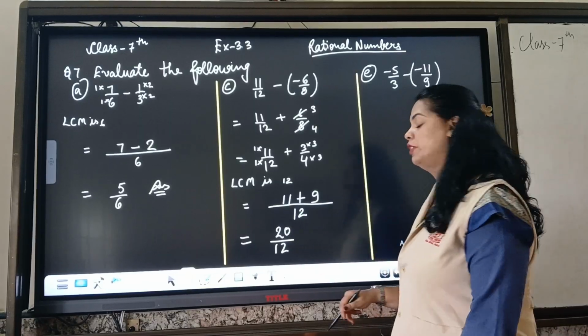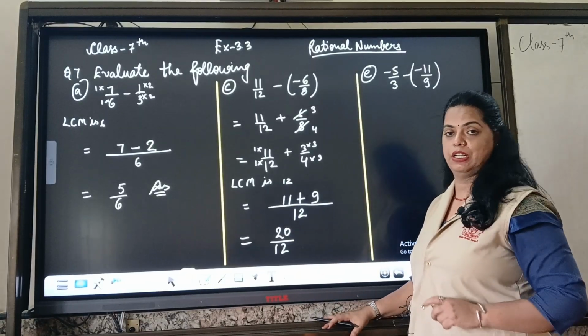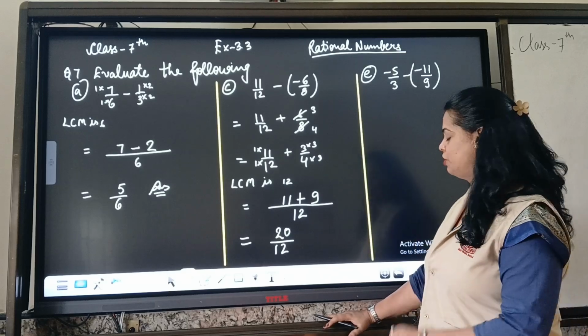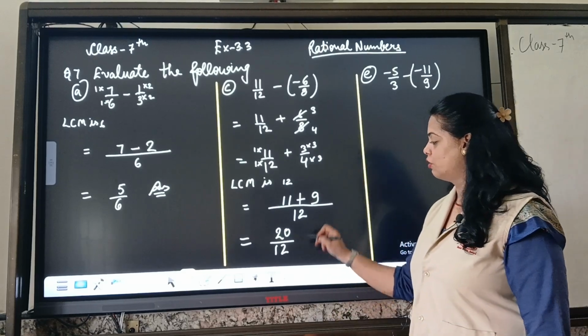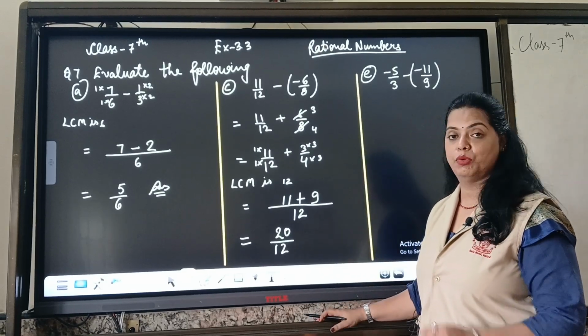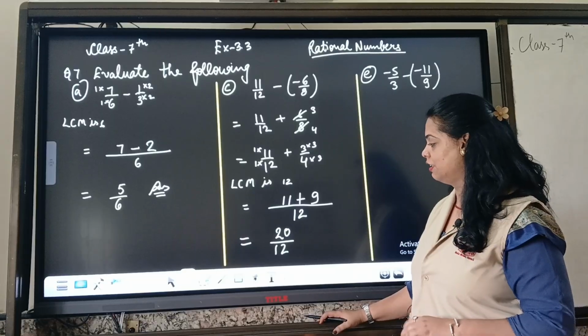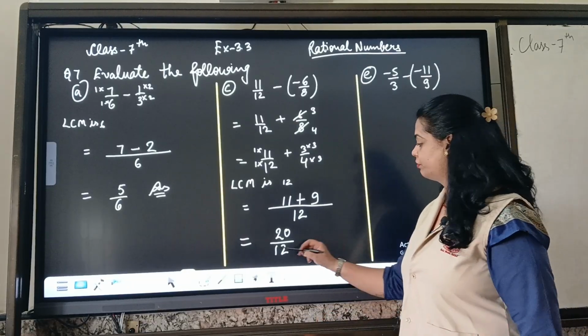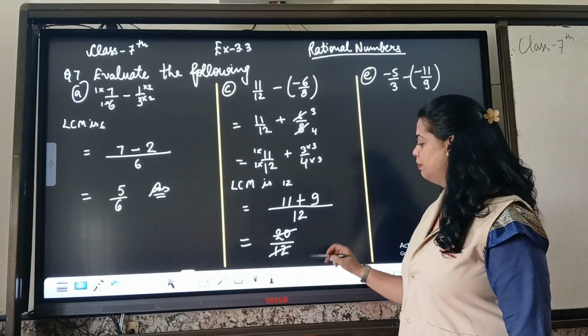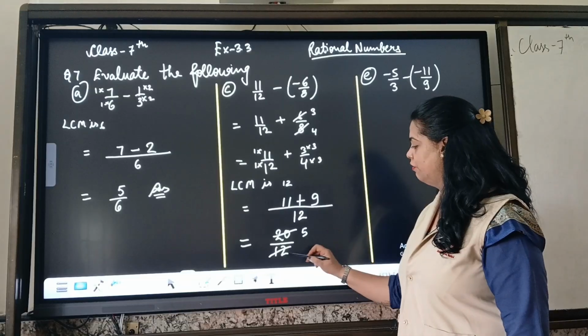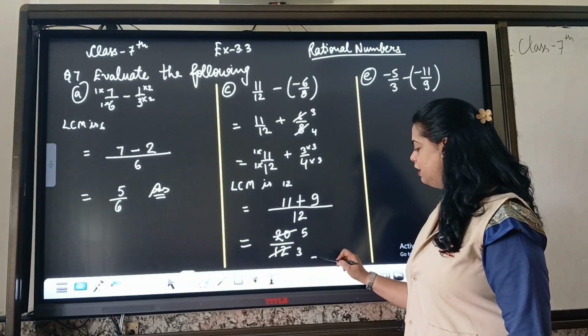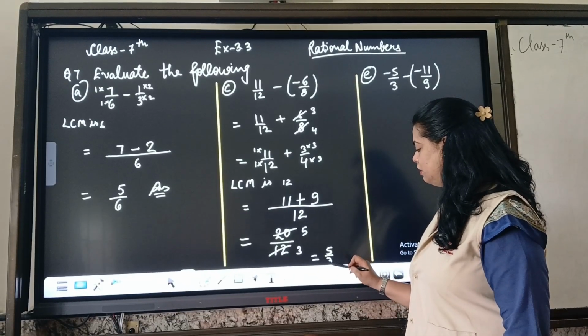Now it is time to reduce this term, because in maths we never stop until we get the standard form in the answer. The highest common factor can divide both of these. Yes, we can take the table of 4. 4 5s are 20 and 4 3s are 12. So our final answer is 5 upon 3.